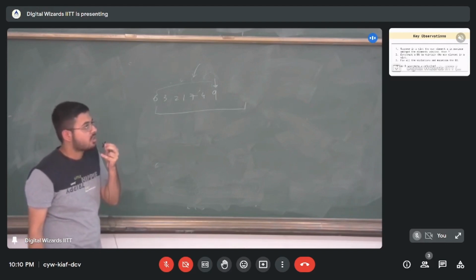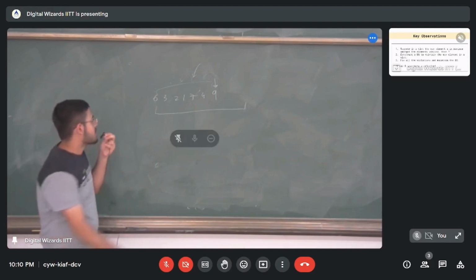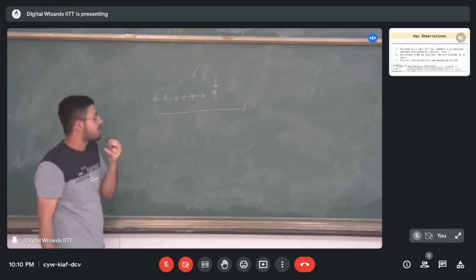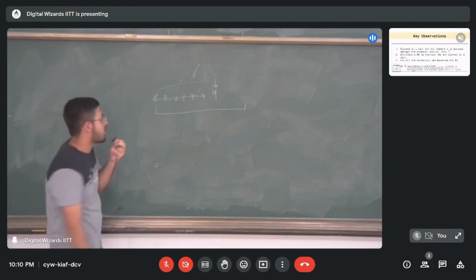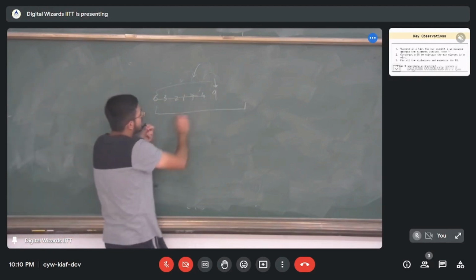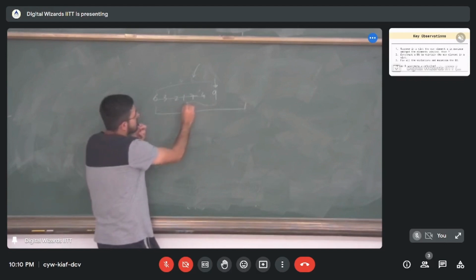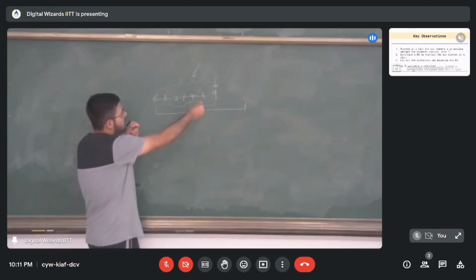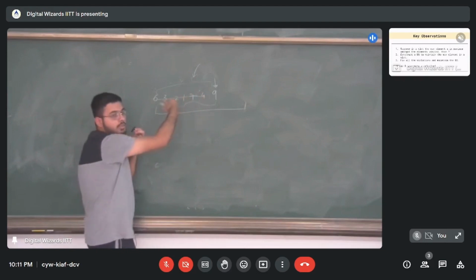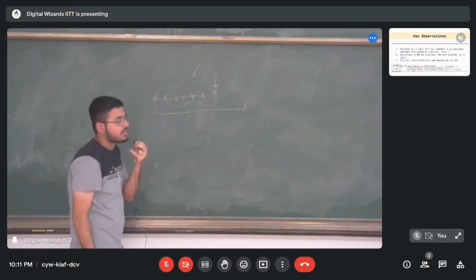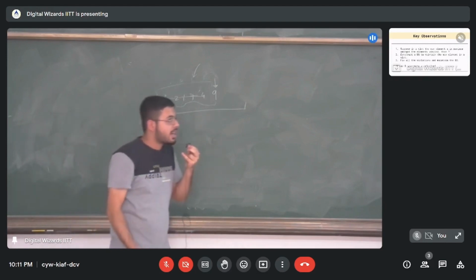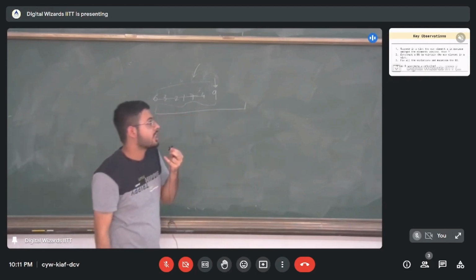Okay, so I'm just going to answer the first one. We could just ignore all these elements. Why should we proceed ahead if we already know that 9 is the maximum till this subarray? There is no point in finding elements smaller than 9, right? It's again the same idea, the idea behind the augmentation here.